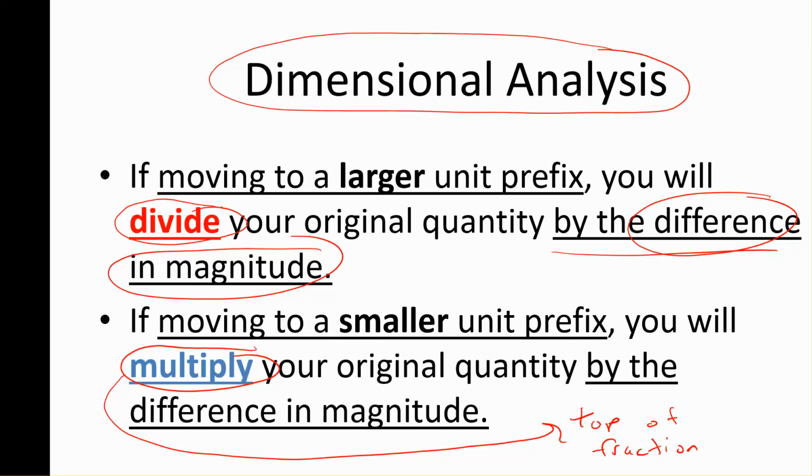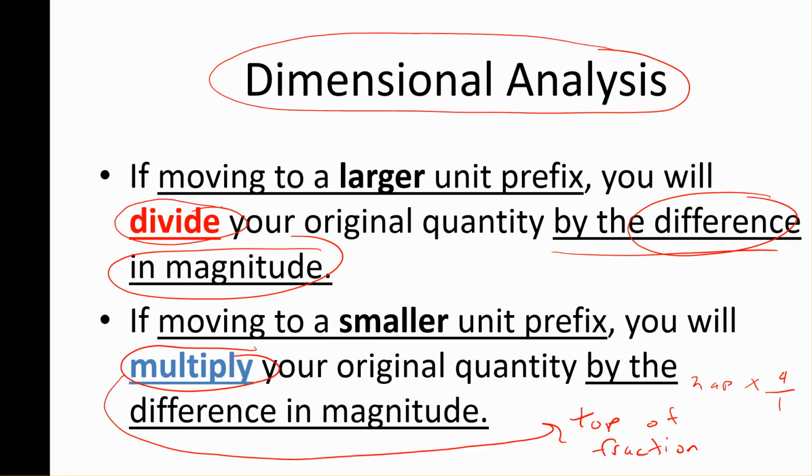So if I wanted to multiply something by 4, so let's say I had two apples, and I want to multiply that by 4, I would put that as like 4 over 1. Now, why do I put the over 1 when it's the same number anyways? You'll see, because we're going to start talking about units and how they cancel in 1 minute. So that's what I mean when I say top of fraction, my factor of difference on top of that fraction.